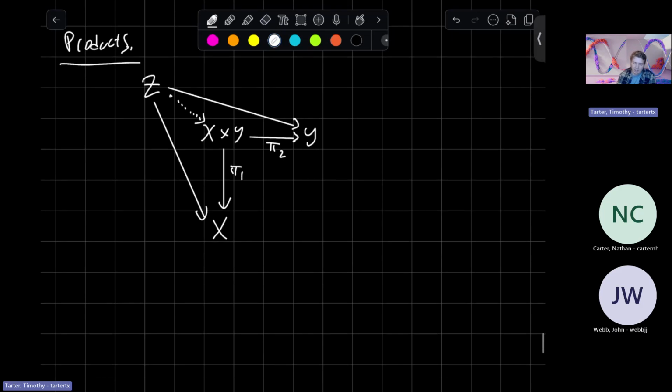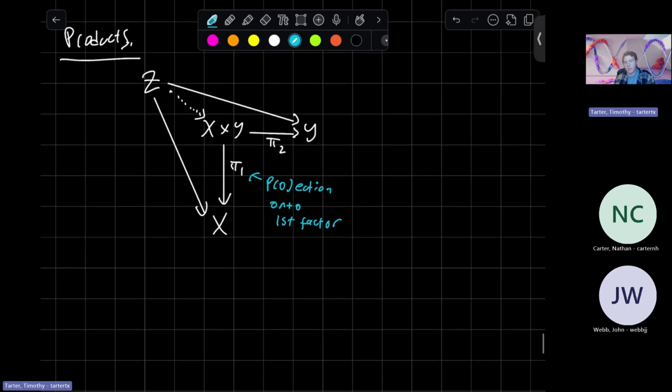As a general thing, we'll have pi 1, or really pi i, as projection onto the first factor, meaning you're dropping straight down from x product y to just x. And pi 2 would be projection onto the second factor.